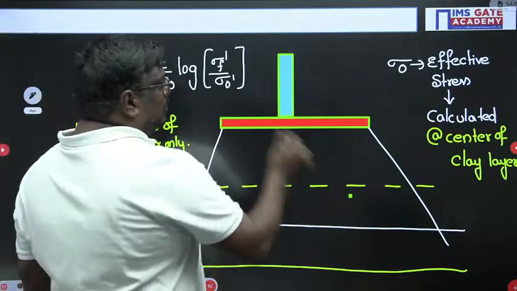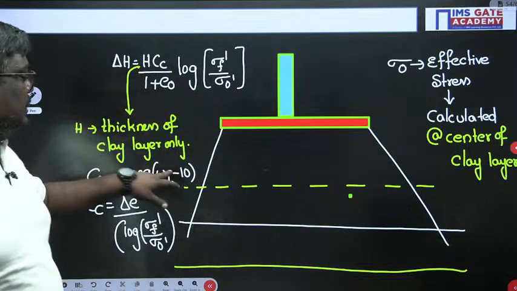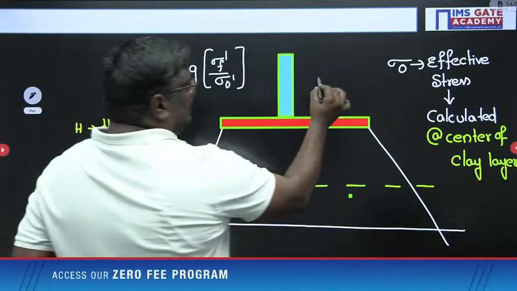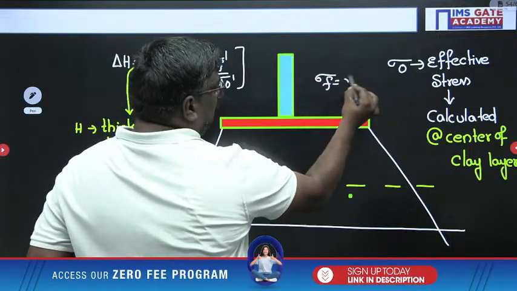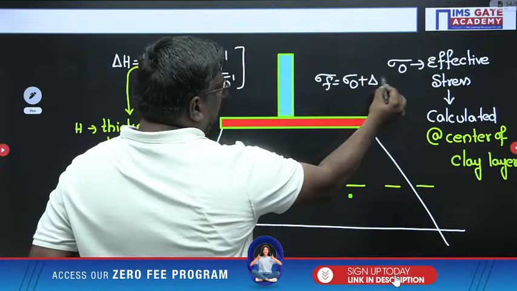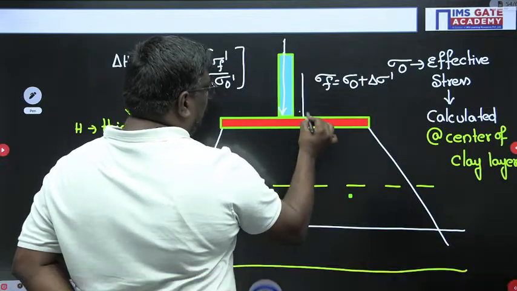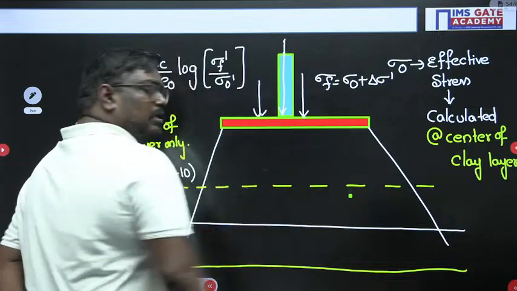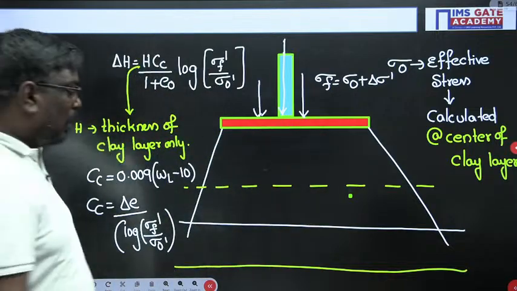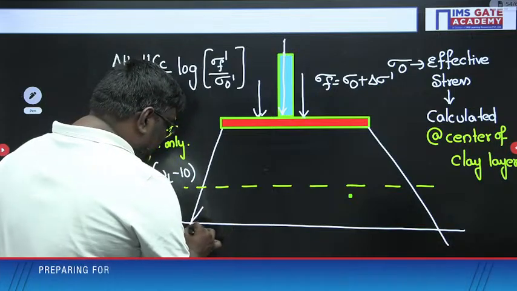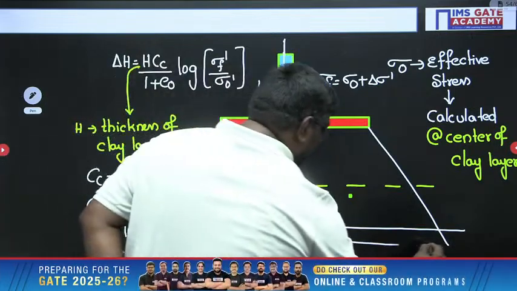Now, delta sigma, here we also have, I told you, final effective stress is nothing but equal to sigma naught plus delta sigma. Sir, delta sigma is whatever load is supposed to act on the soil. Okay. Now, how do you take the area, sir? This area you will consider in a three-dimensional way.